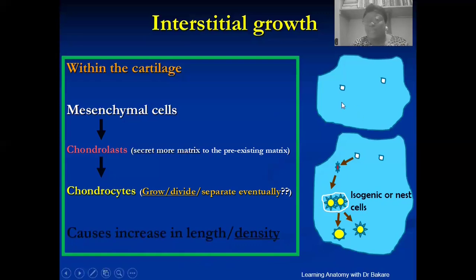If you look at this image up here, this is the initial length that was quoted, and at this present time, this is the new length. So you see that there's going to be an increase in the vertical axis of the cartilage. We say that this specific type of cartilaginous growth, the interstitial growth, also increases the density of the cartilage, and this is as a result of the mitotic division that the chondrocytes exhibit at this point.